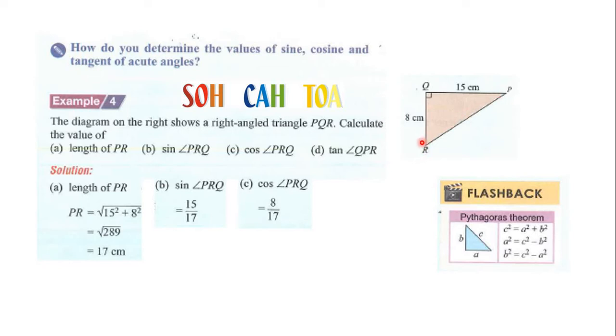Now the angle is not at R but at P, because angle QPR. So angle at P, tangent is opposite QR over adjacent QP. So 8 over 15. Make sure you look at which angle it refers to.